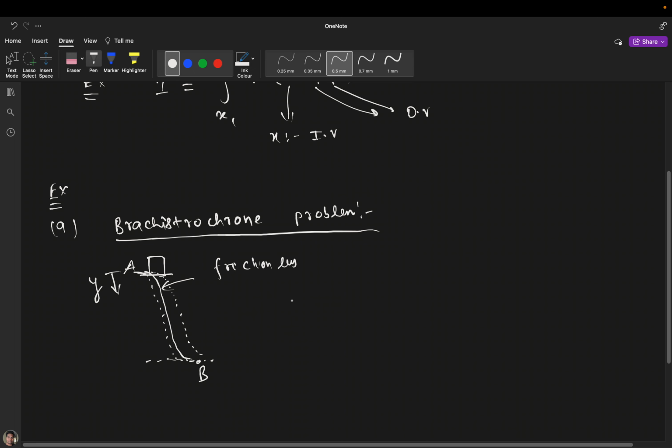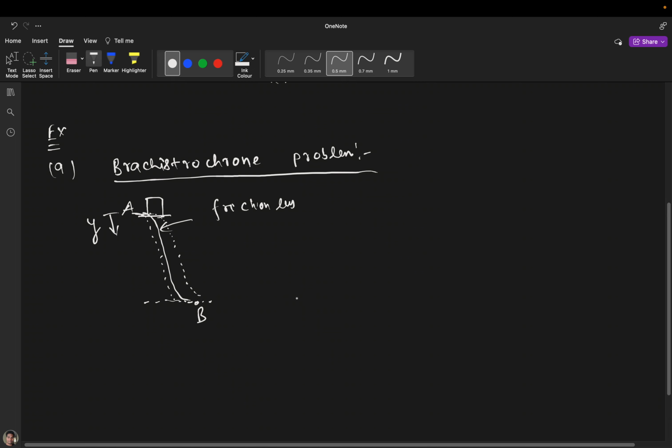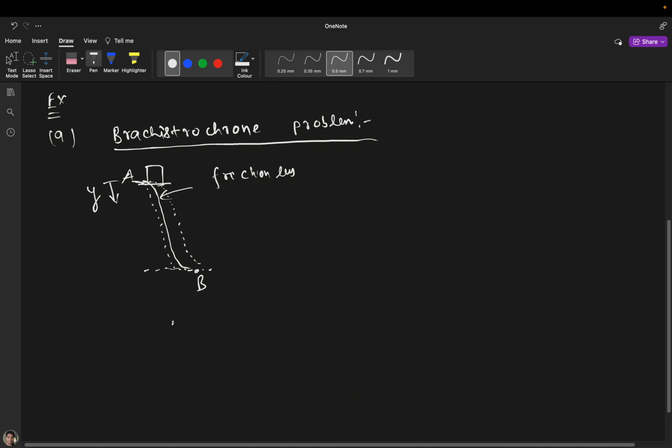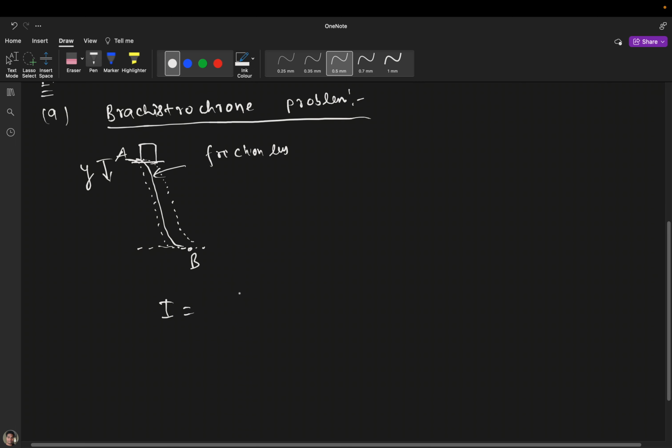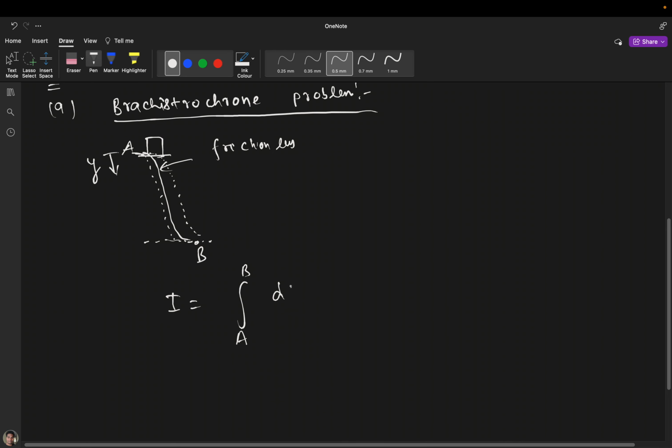From kinematics we already know the time taken, which I will represent as a functional. The time taken from point A to B is given as ds divided by v.